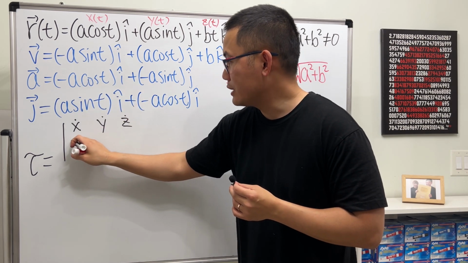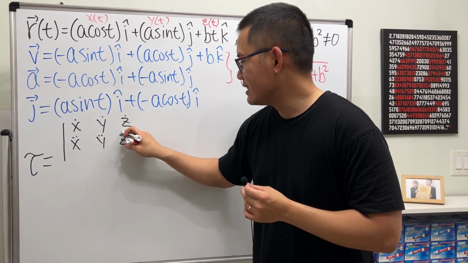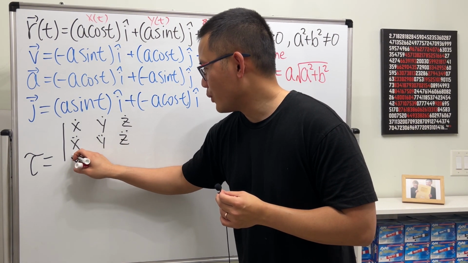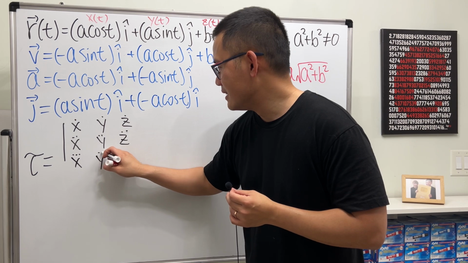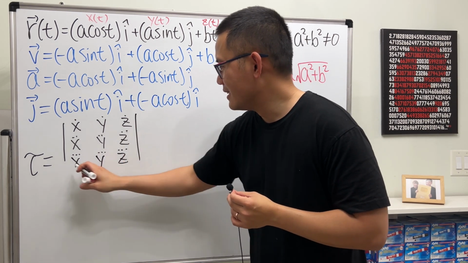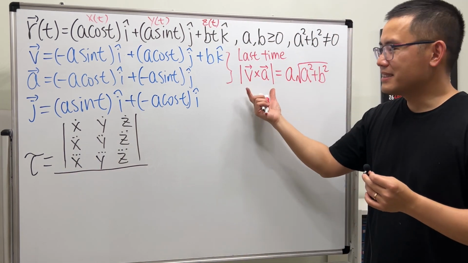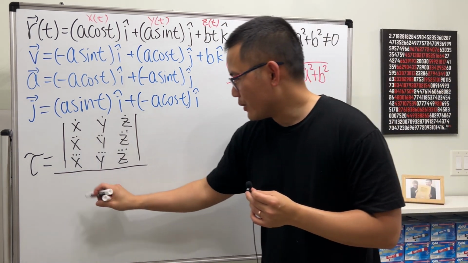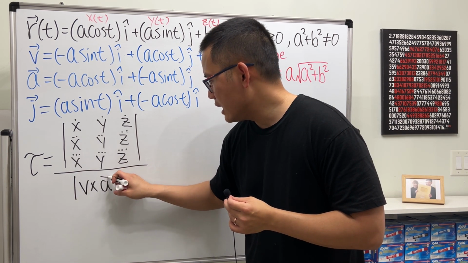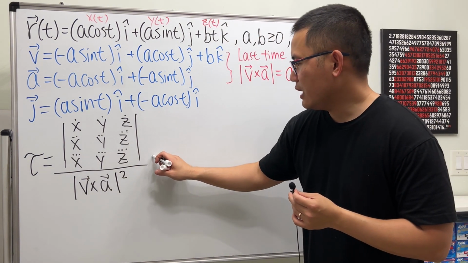And next we have 2 dots for the second derivative. Lastly, 3 dots. Yeah, it's quite fun to do this. All right, and then we are going to divide this by this guy squared. So the magnitude of V cross A, and then we square that.